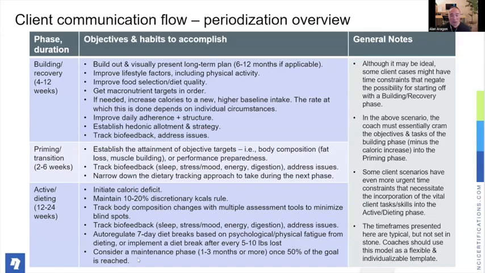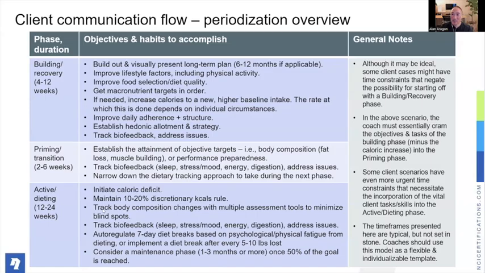And then also consider a maintenance phase once the client has reached 50% of the goal. So a maintenance phase is what I call maintenance practice, since plateaus are good practice for maintenance. And so, once again, go back to the metabolic adaptation and progress plateaus module in order to get more detail on things like maintenance phases and diet breaks. But that's where they would happen in the active dieting phase.